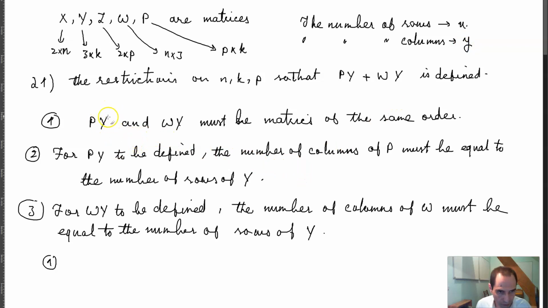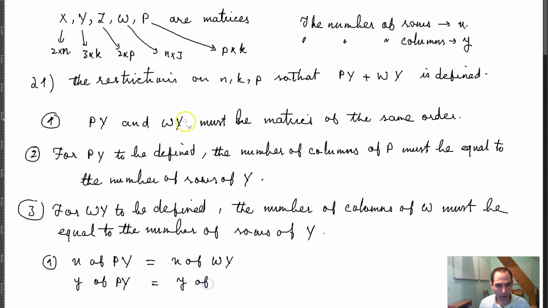So here the number of rows of PY, x of PY, must be equal to the number of rows of WY, x of WY, and also the number of columns of PY, meaning y of PY, has to be equal to the y of WY. Now, what is the number of rows of PY?